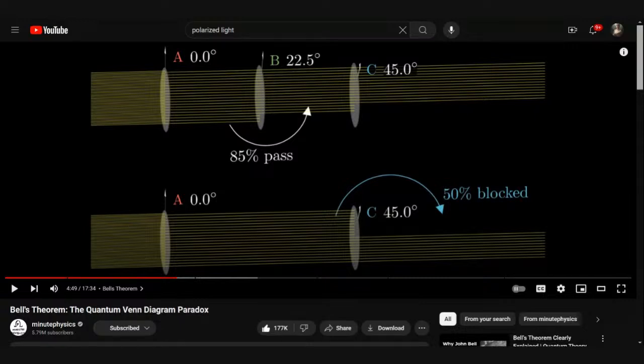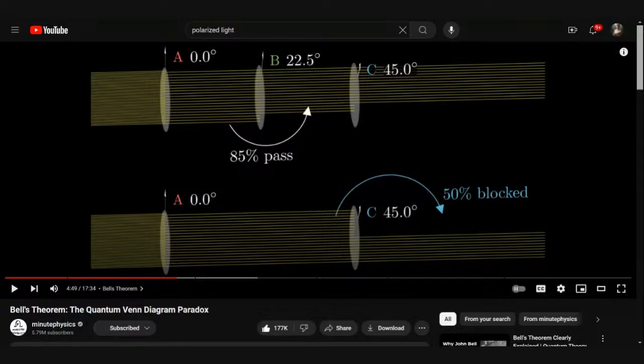Where's cosine? Trigonometry. Cosine squared is 0.5. Okay. 22.5 cosine is 0.853. Okay, it's not exactly 0.85.